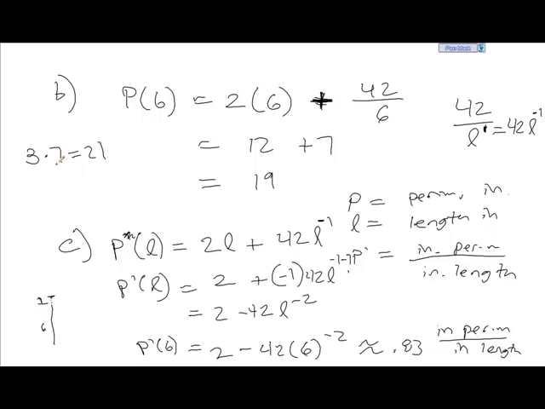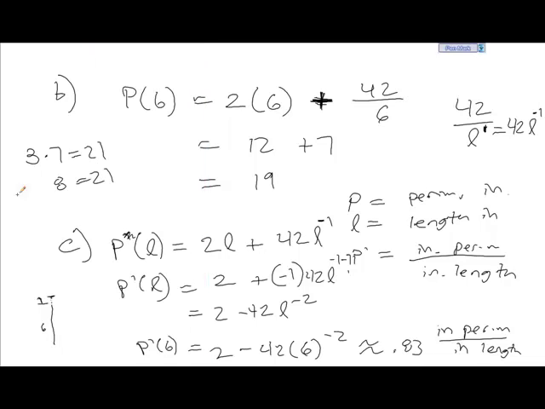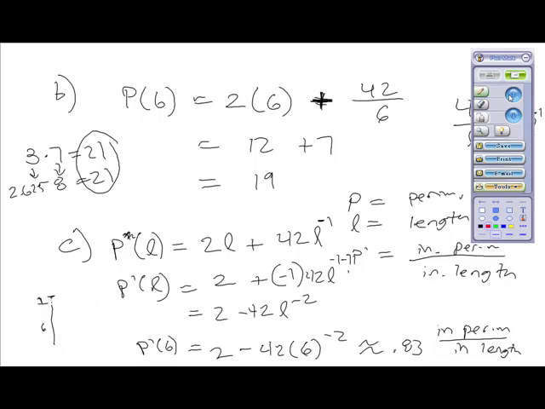But if I increase the length to say 8, now what times 8 gives me 21? 21 divided by 8 would tell me that this would have to be 2.625. So even though I increased the length by 1, I only decreased the width by just under 0.4 inches. But the point is, we have a fixed area, and that's why we get this different change in perimeter for a change in length.